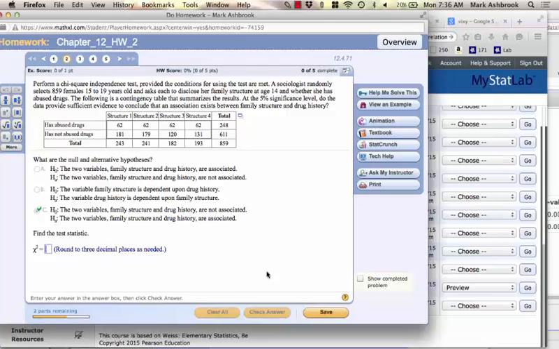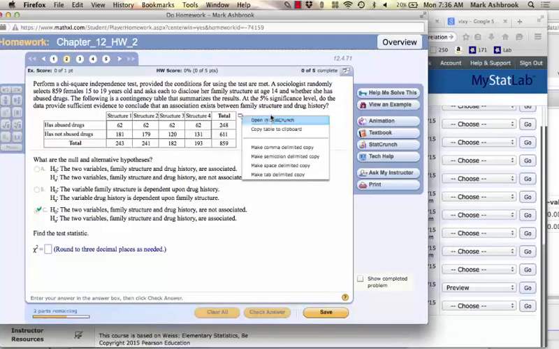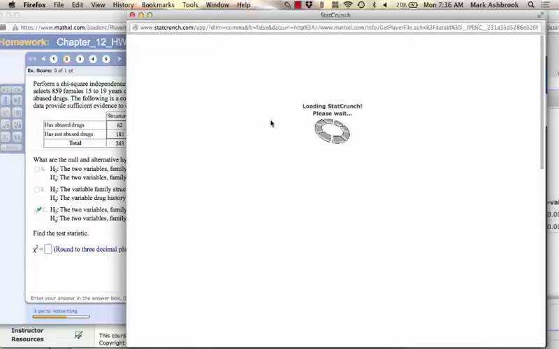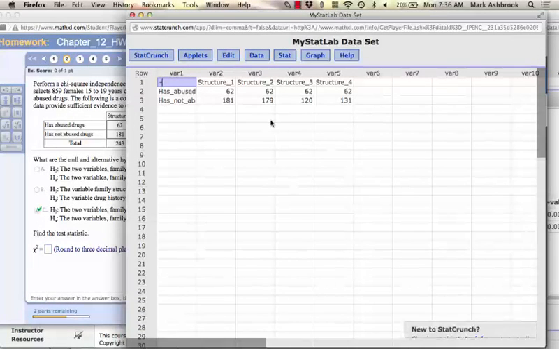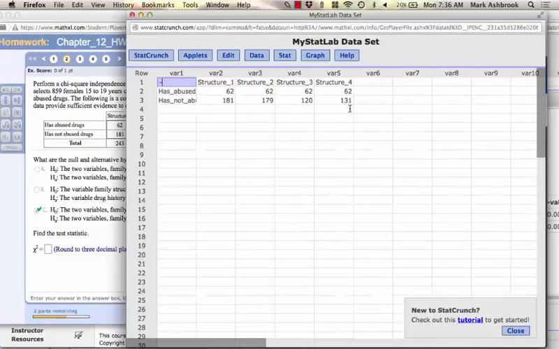So we want to find the test statistic, and this is the number that's going to be our indicator of how much dependence there is between the two, at what level of dependence. So we know we're going to get that from StatCrunch. And we're going to choose these 4 variables.